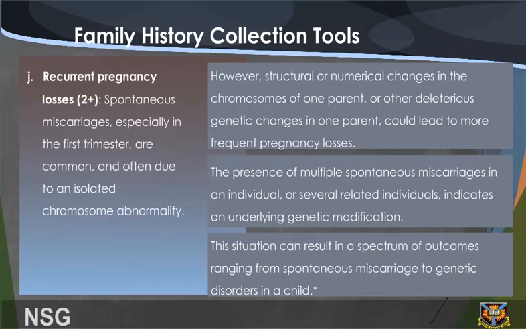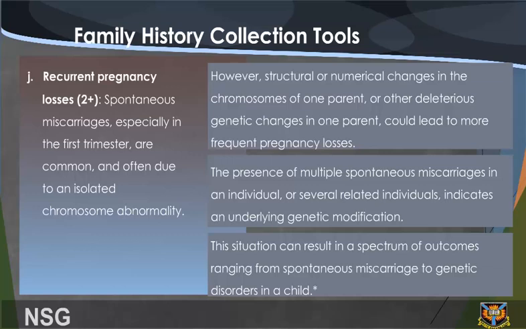J. Recurrent pregnancy losses, two or more. Pregnancy losses, especially in the first trimester, are common and often due to an isolated chromosome abnormality. However, structural or numerical changes in the chromosomes of one parent or other deleterious genetic changes in one parent could lead to more frequent pregnancy losses.